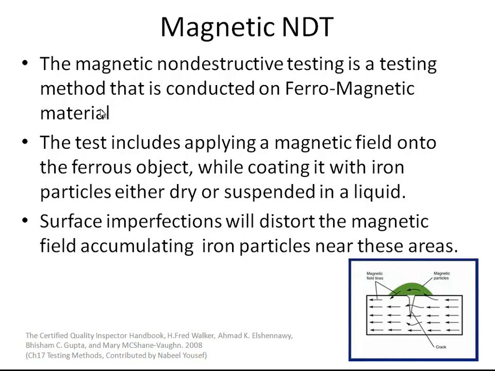The surface imperfections will distort the magnetic field, accumulating iron particles near these areas. And we can see how the green highlight here shows the accumulation of the iron particles in the crack or the imperfection area.